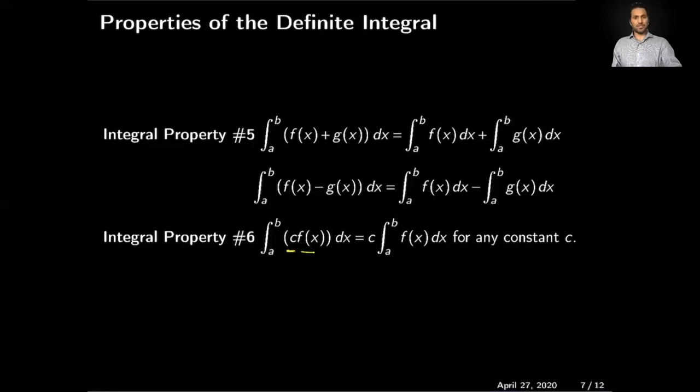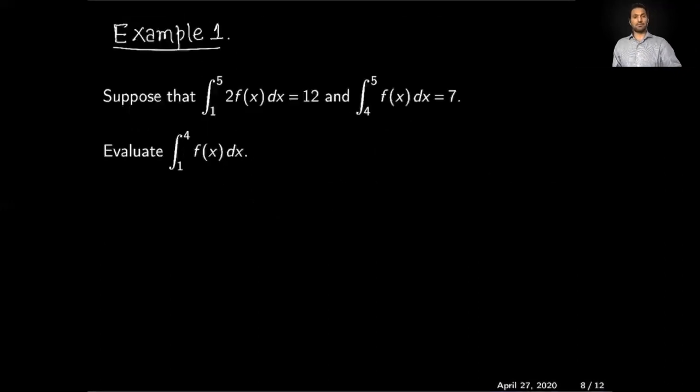Let's use this property to calculate the definite integral in some examples. Here I have been given the net change of 2 times the function from 1 to 5, which is 12, and also the net change of the function from 4 to 5, and I would like to calculate the net change of the function from 1 to 4.